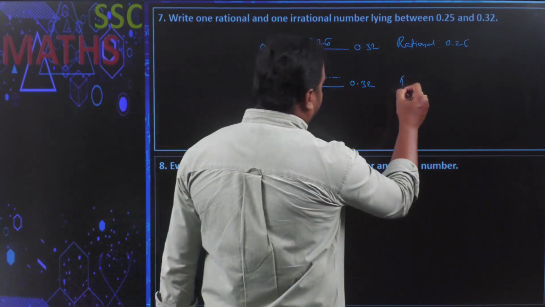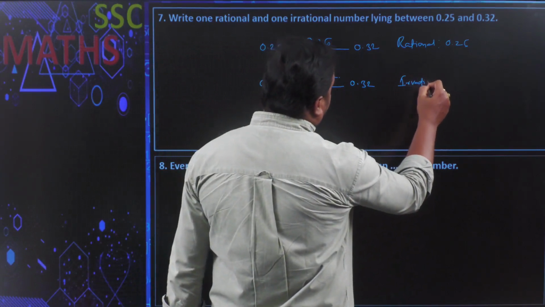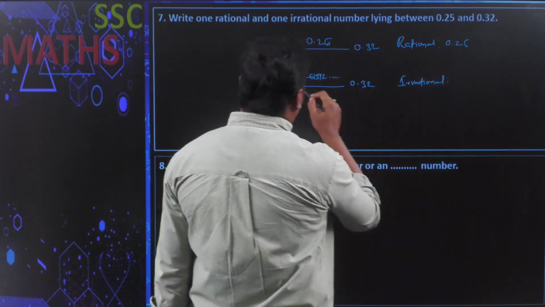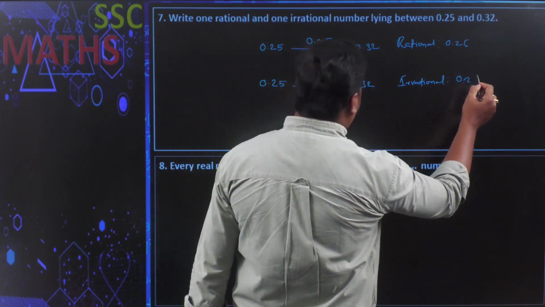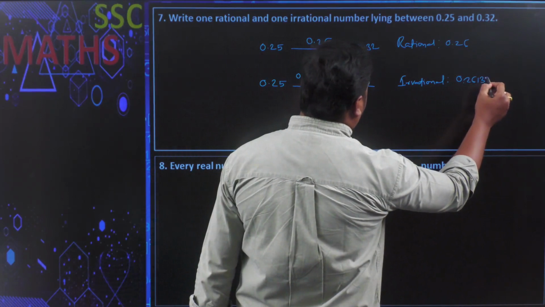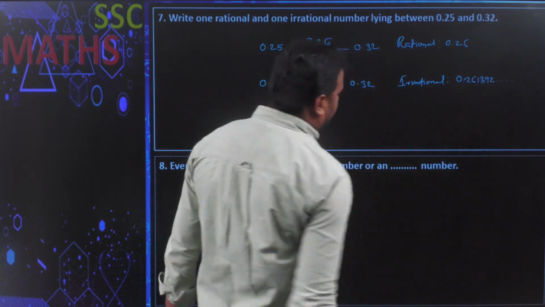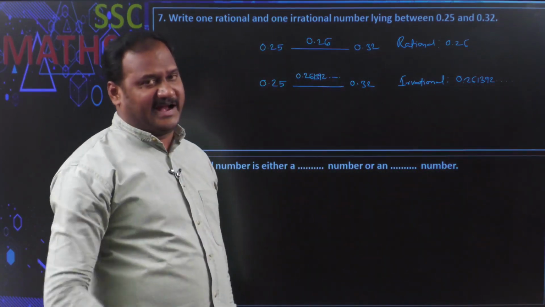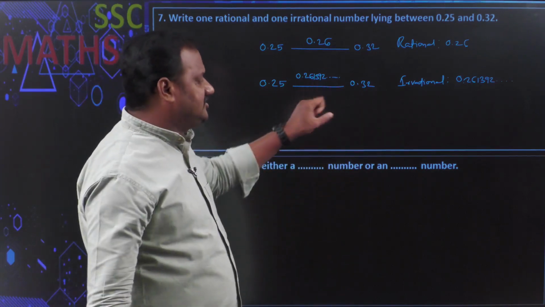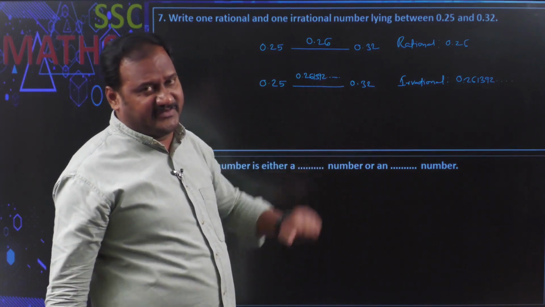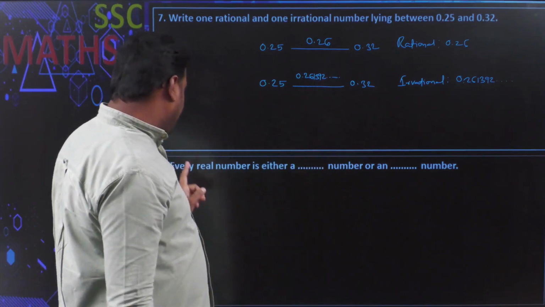So my irrational number between them is 0.261392 and so on. There is no repeated pattern, so that is why it is an irrational number. You understand? It is very easy to write a rational and an irrational number between two given numbers.